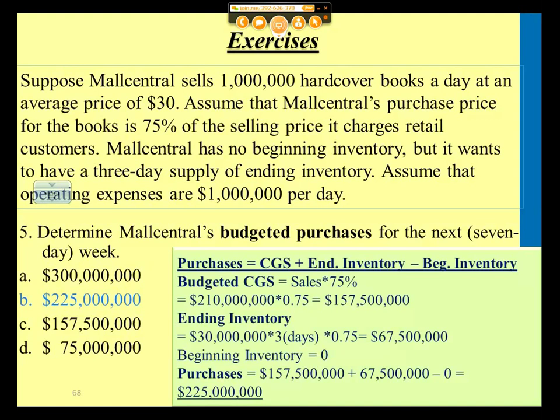So the next, you're just plugging in purchases: cost of goods sold, plus ending inventory, less your beginning inventory, right? Beginning is 0, so all we're dealing with is the cost of goods sold and the ending inventory, and that gives you the answer. As many of you know, that's already uploaded on the Blackboard. Look it up.